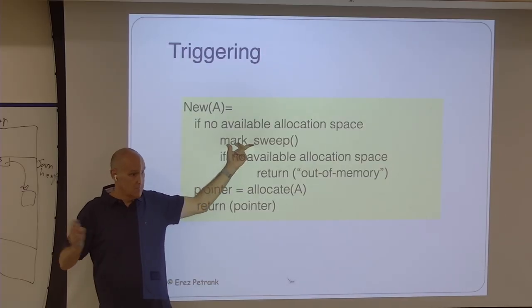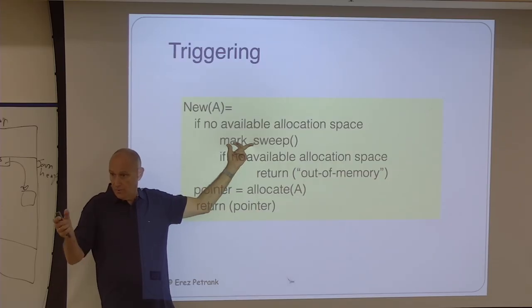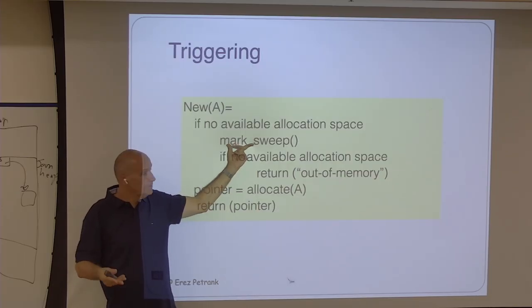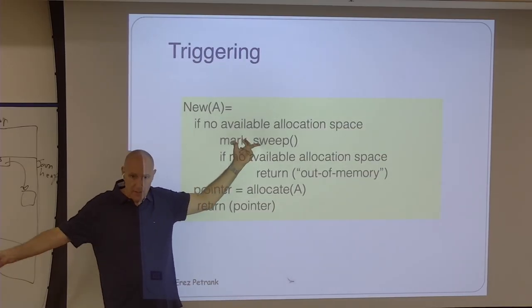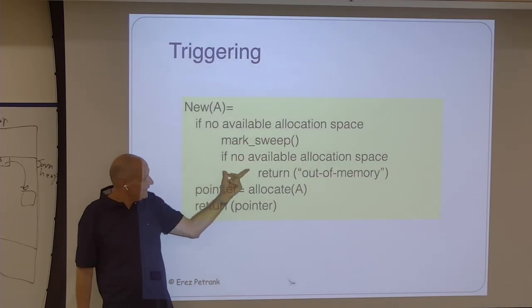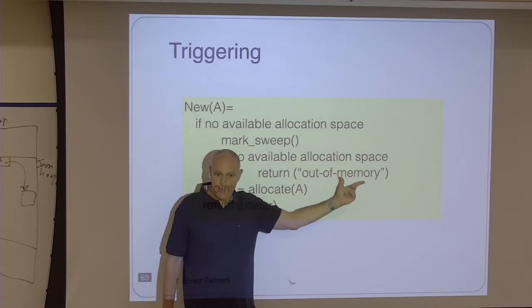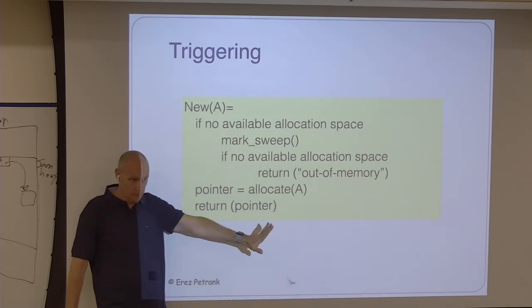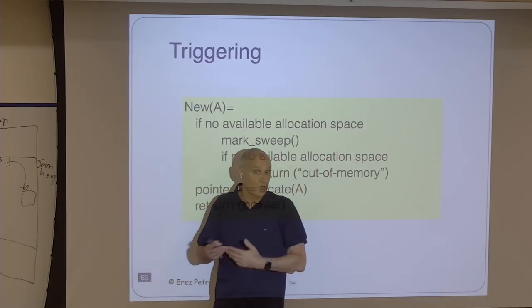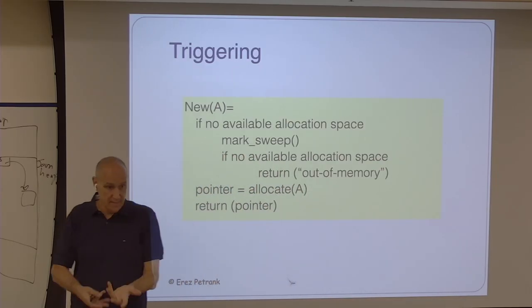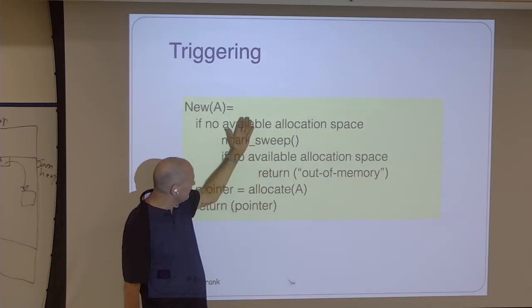This means the heap is exhausted and we are looking for space that's not reachable that we can allocate from. So we run this mark sweep, for example. We could run copying or whatever we want. And if after executing the garbage collection there's no available space, then we're screwed. We have to now return out of memory or do an exception or whatever our programming language dictates in this scenario.